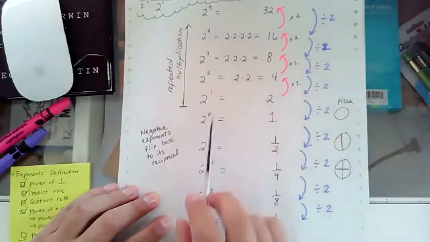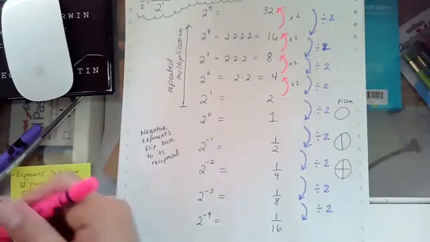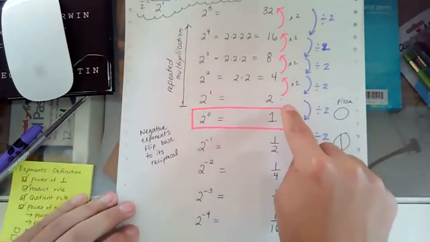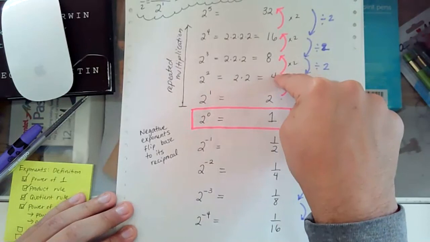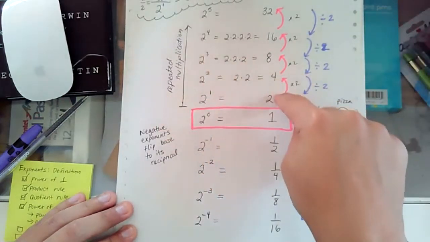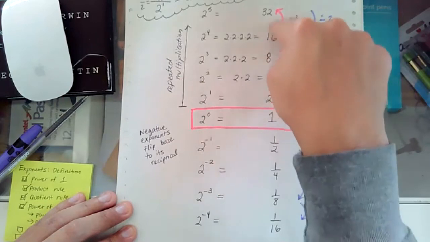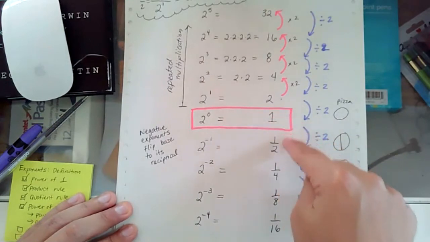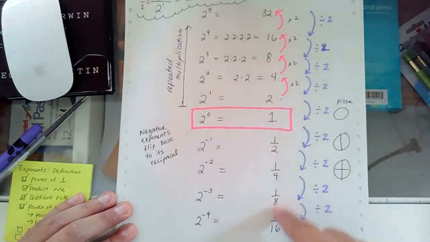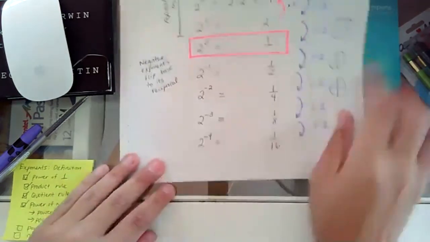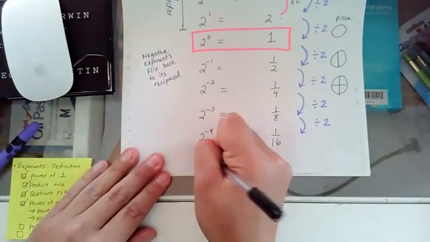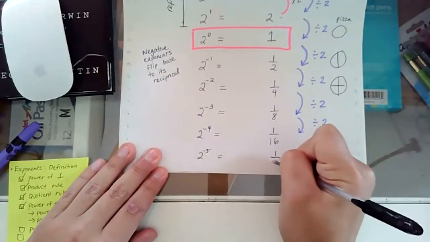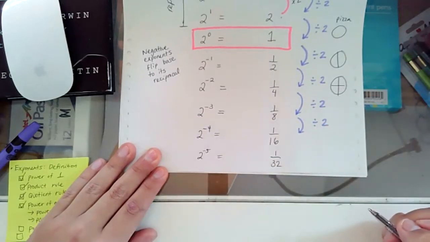If we start at the middle, which is 2 to the 0 power, we have 1. And if we go up in positive exponents, we get 2, 4, 8, 16, 32. But if we go in the opposite direction, we're really dividing. So we get 1/2, 1/4, 1/8, 1/16. And what should 2 to the negative fifth be? Well, it's 1/32.